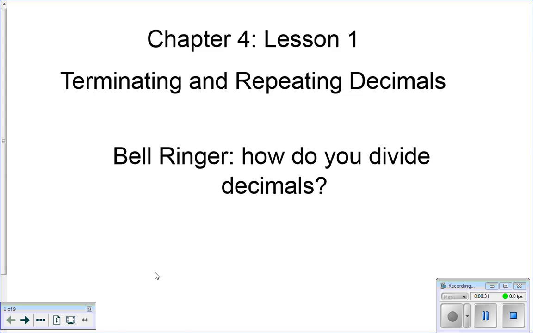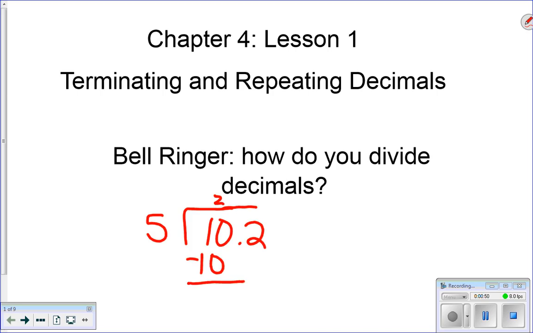Yeah, Cadence. Okay, hold on. 10.2 divided by 5.